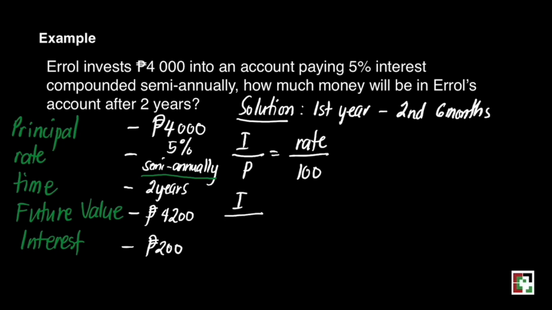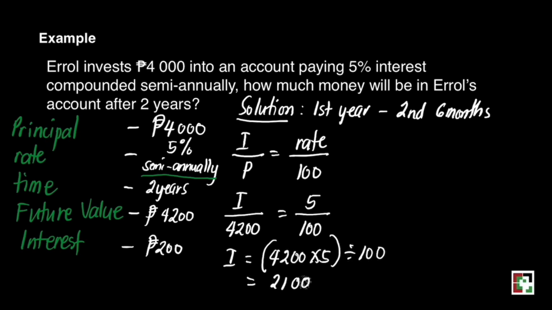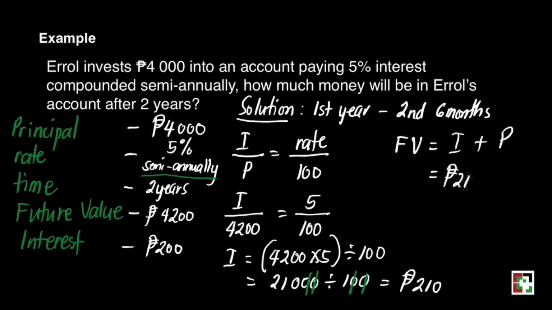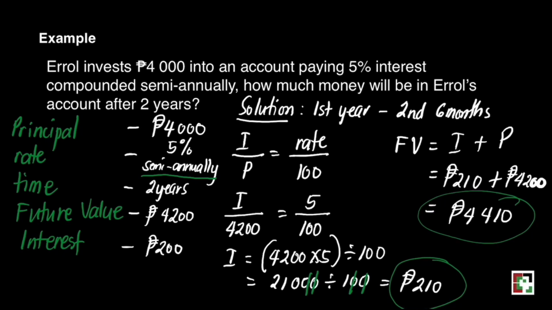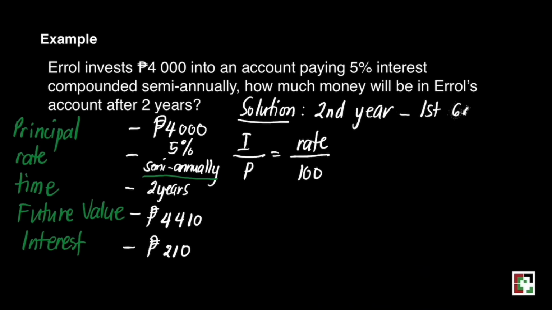That's I over 4,200, the new principal, is equal to 5 over 100. 4,200 times 5 divided by 100, we get 210 pesos for the second 6 months of the first year, and that's 210 plus 4,200, that will give us 4,410, and that will be the new principal we'll be using for the first 6 months of the second year.